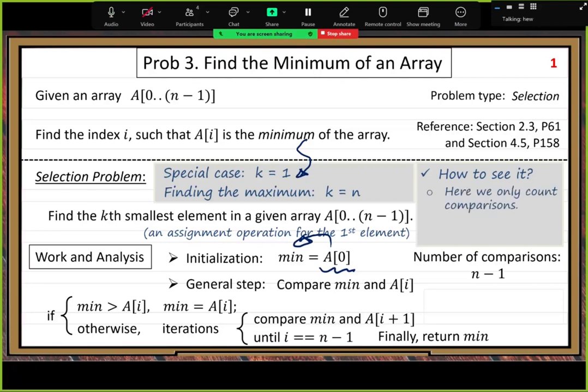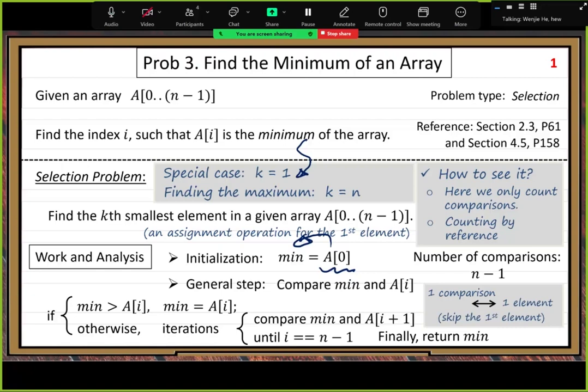The elements with indices from 1 through n minus 1 have a one-to-one correspondence with comparisons. But index 0 has no comparison. For that reason, we have n minus 1 comparisons, not n. Counting by reference.